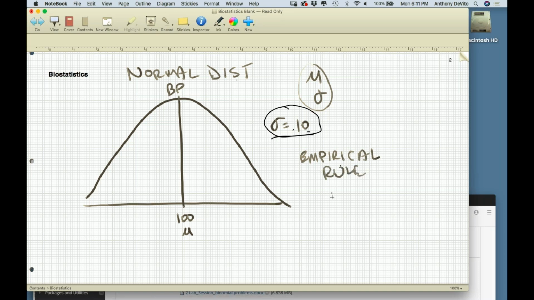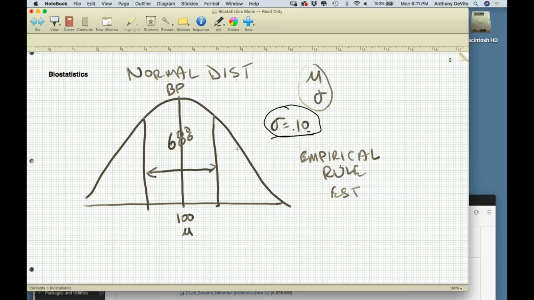This is an estimation. It's not 100% accurate, but it's basically true for any normal distribution. If you go one standard deviation below the mean and one standard deviation above the mean, you have approximately 68% of the population between those two values.